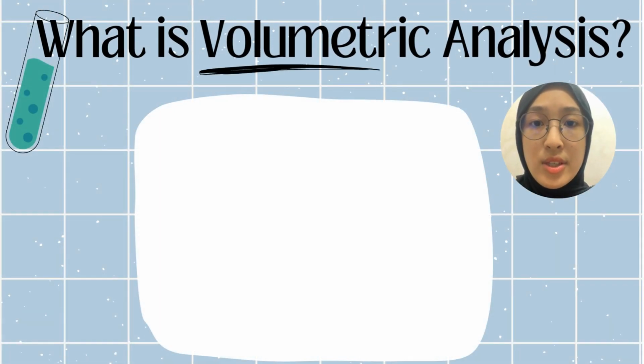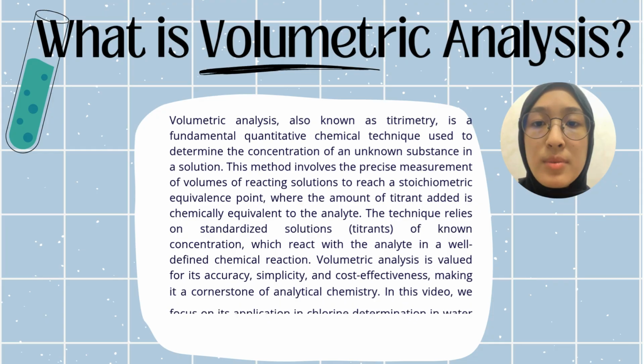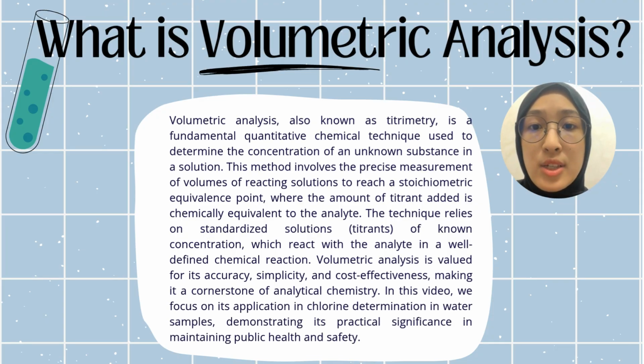So what is actually volumetric analysis? Volumetric analysis, also known as titrimetry, is a fundamental quantitative chemical technique used to determine the concentration of an unknown substance in a solution. This method involves the precise measurement of volumes of reacting solution to reach a stoichiometric equivalence point, where the amount of titrant added is chemically equivalent to the analyte.